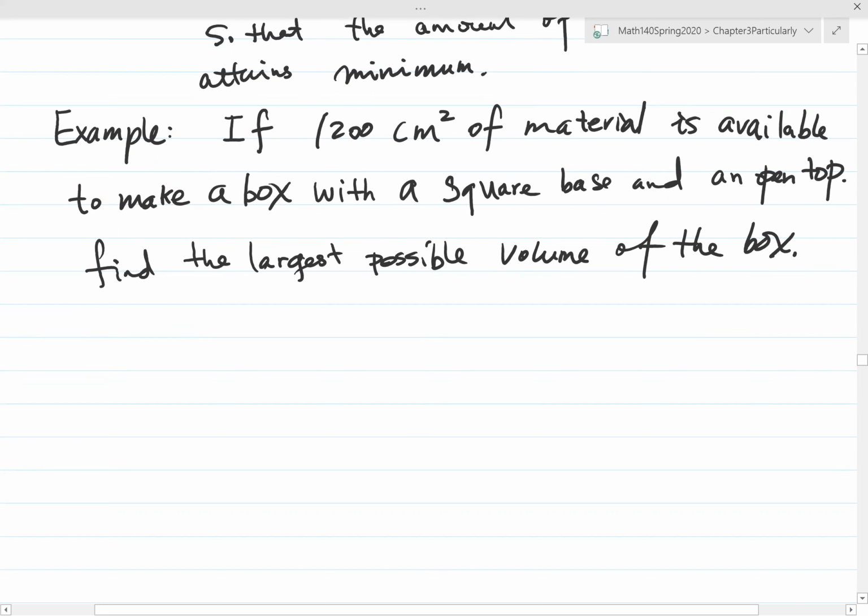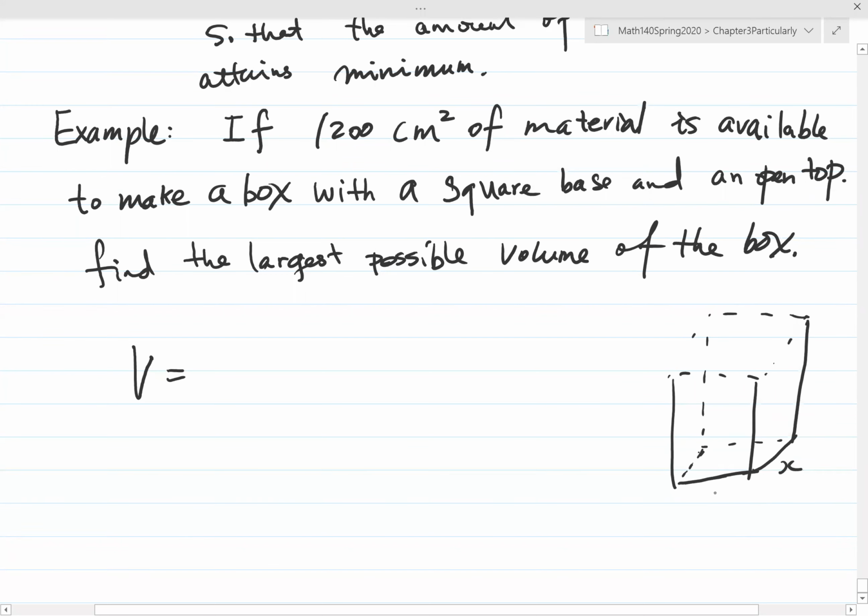Here, the material used is 1,200 centimeters squared. Now, we need to find the volume V, the goal function. Here we have a square base, open top. Suppose this is X, this is X, height is H. So volume is H times X squared, as we did. This is the goal that we want to maximize.